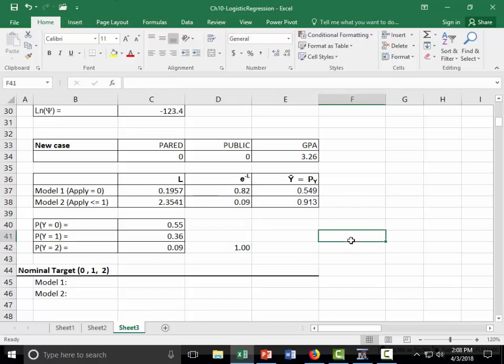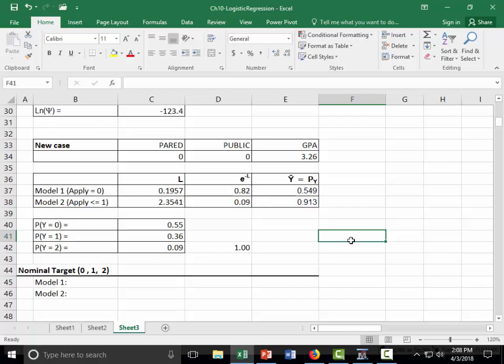So if you have more than 3 values for the ordinal target, so instead of 0, 1, 2, you have 0, 1, 2, 3, 4, 5, the same process will work. You have to define the first model for the first value, and the second model for less than or equal to the second value. Because it is ordinal, that will work.